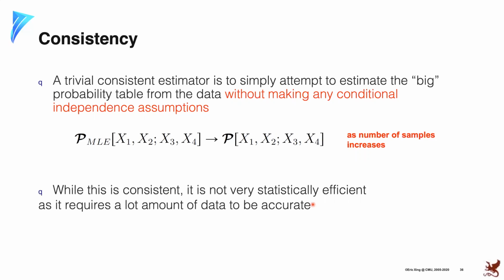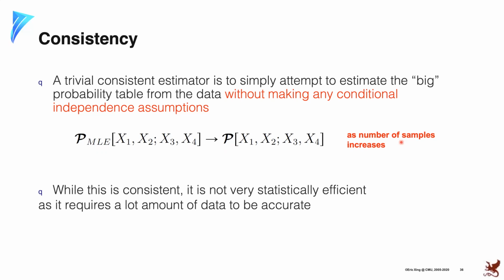So if we do not want to make any conditional dependency assumptions, or essentially we do not want to build any structure among these latent variables, all we want to do is count the co-occurrence of each of these entries in this big gigantic table. But this kind of maximum likelihood estimation will only approach the true probability when we have a lot of data.